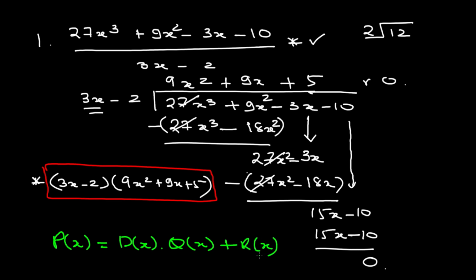This could be a number, this could be a polynomial. So in this case, if I had 1 here, I would add it there. If I had something like x plus 1, then I would still add it here, x plus 1. But in this case, we don't have a remainder.